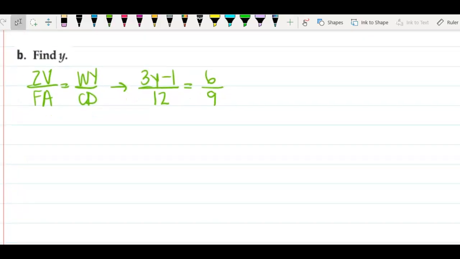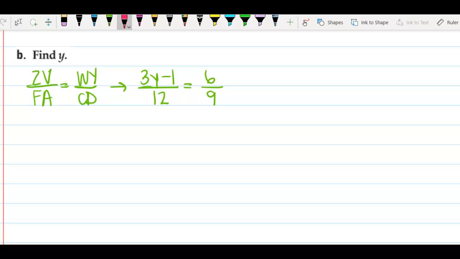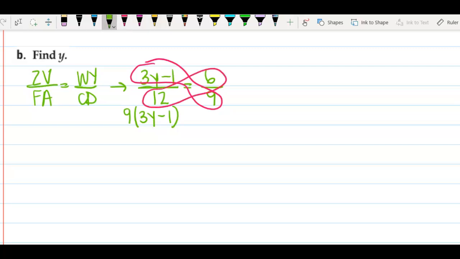Alright, so I have my proportion set up, but this time it's going to get a little more complicated when I cross multiply. When I do this piece, I need to do 9 times the entire top. So I need to do 9 times 3y minus 1, and then just 12 times 6.